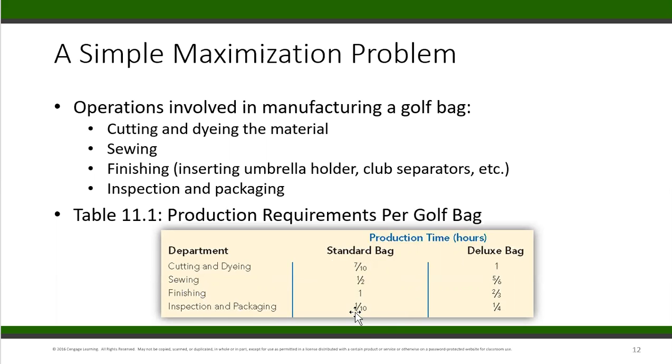This is the amount of time that you need from each one of these departments. For each deluxe bag, the same thing. The numbers are different, but you have the per unit of deluxe bag time in each one of these departments. So we have the numbers here, right?